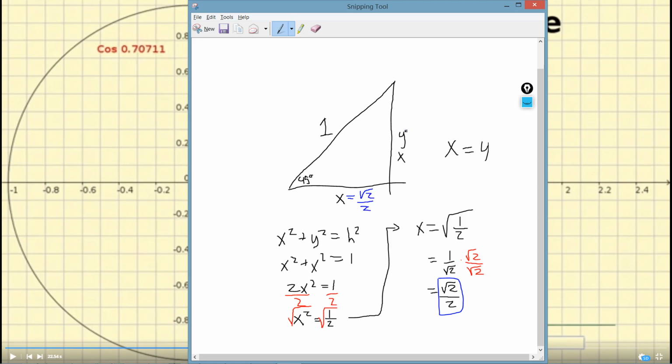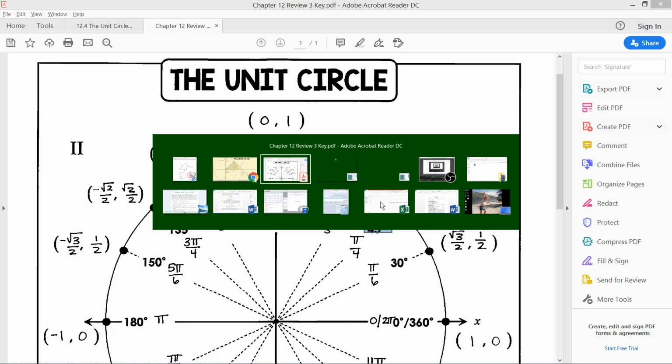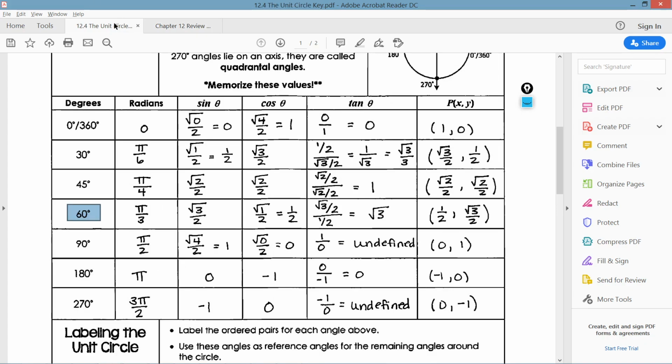And x and y are the same, so this is also root 2 over 2. So if I go back to this, right here, notice for 45 degrees, what do I have? Root 2 over 2, root 2 over 2 for sine and cosine. Boom, we just did it.